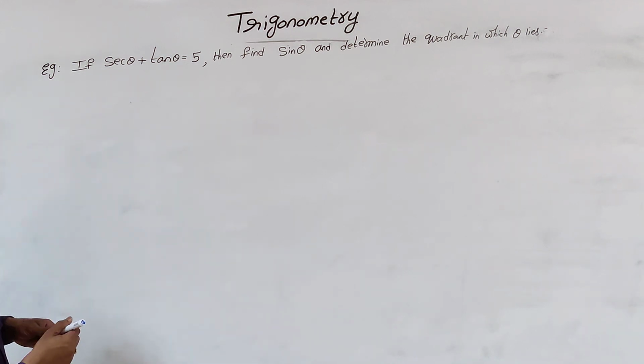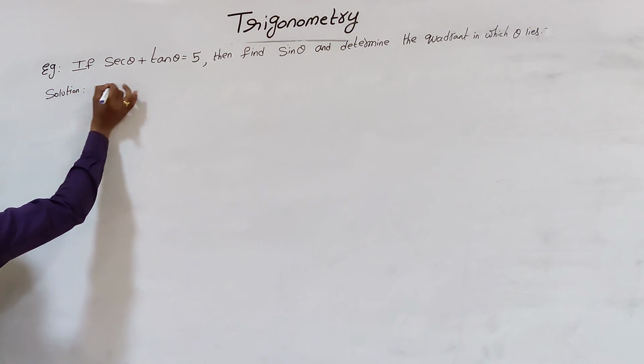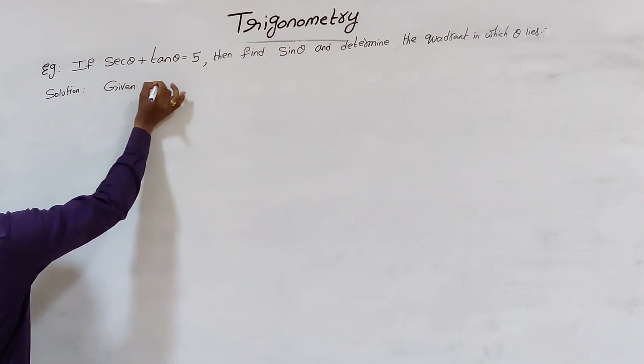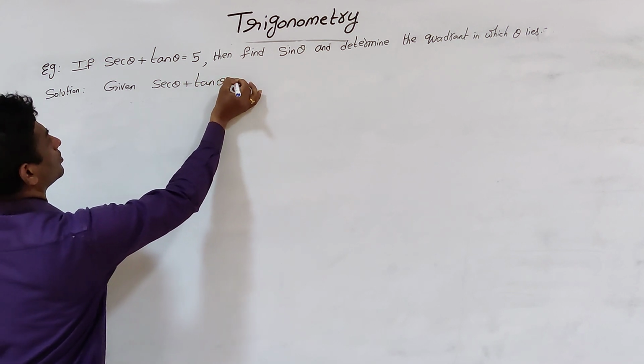So what is given? Given secant theta plus tan theta is equal to 5.